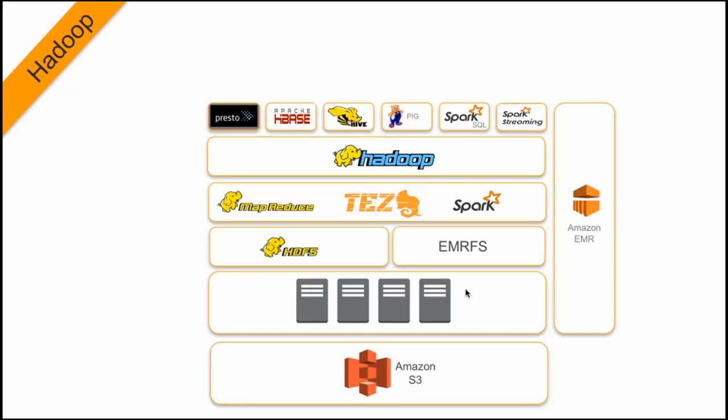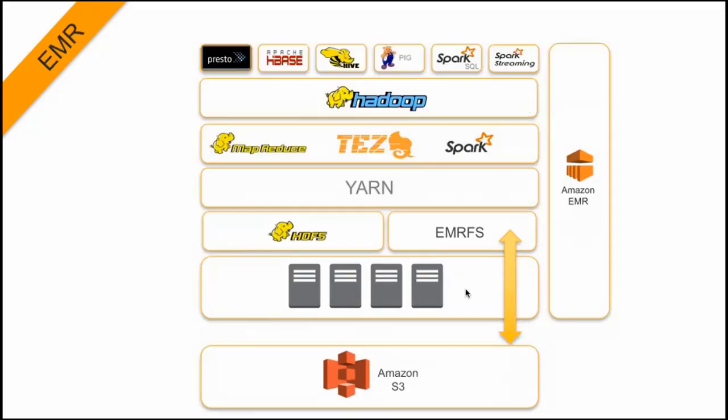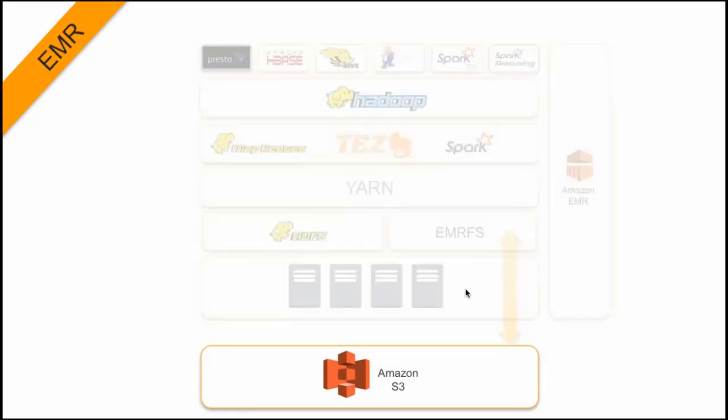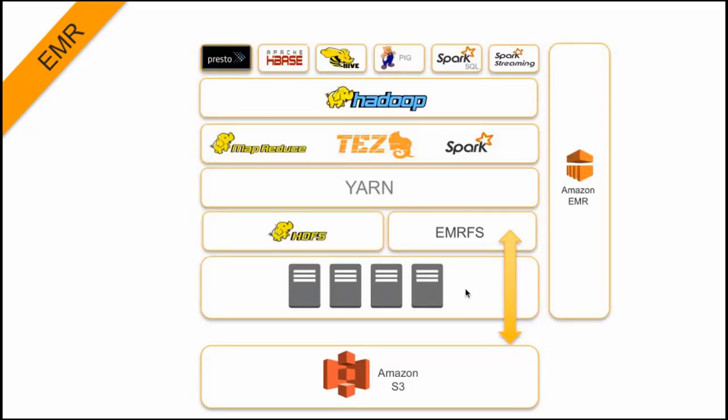So at the bottom, we have Amazon S3. Between Amazon EMRFS and S3, we have the compute capacity layered there as well. This is essentially what EMR is: this entire ecosystem packaged together in an easy-to-use system and format for you.